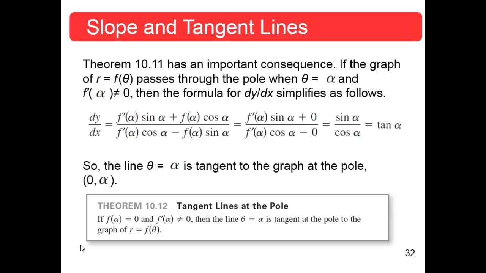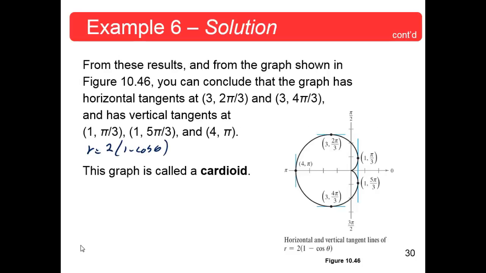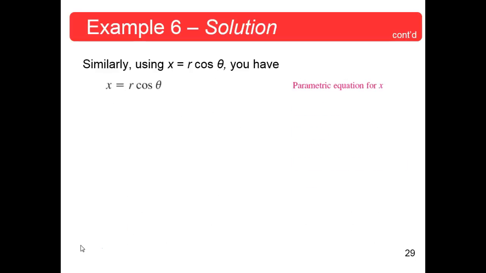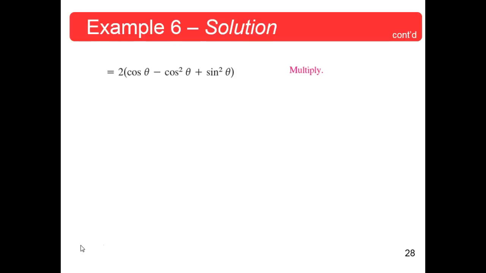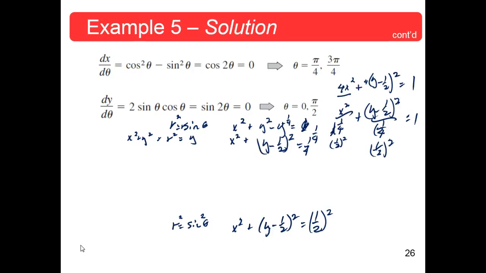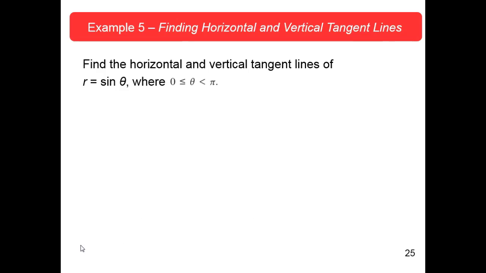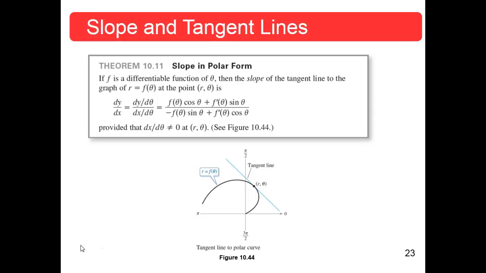Okay, now, where we left off was the middle of page 724, or just below the middle. Theorem 10.11, let's go back and just see Theorem 10.11. Ah, there it is.